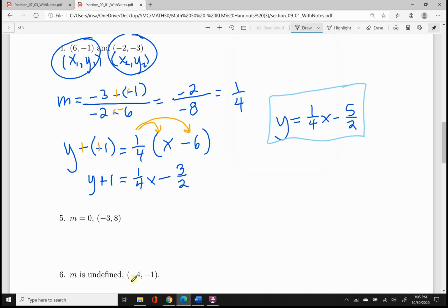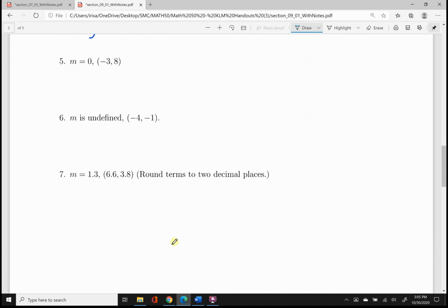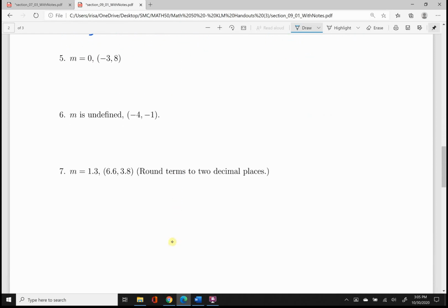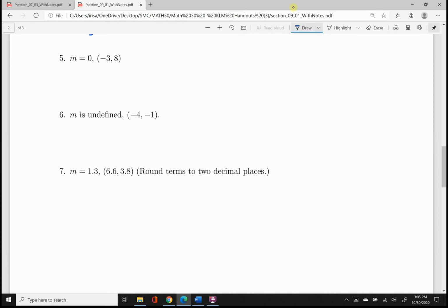Okay, here are some more that are totally different than what we were doing before. Really here we have a slope that's 0, and we go through the point -3, 8. So you're supposed to remember that lines with 0 slope are horizontal lines.